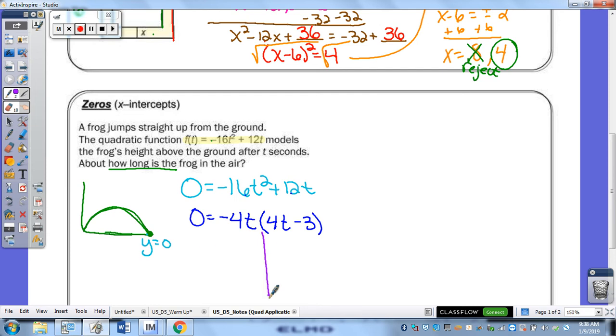So now we'll set these both equal to 0. After we factor, we set them equal to 0 to figure out our values for t. I'm going to divide by this negative 4 because it's negative 4 times t. But 0 divided by anything is just simply going to be 0.